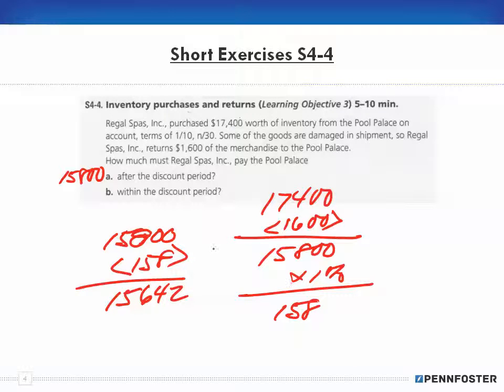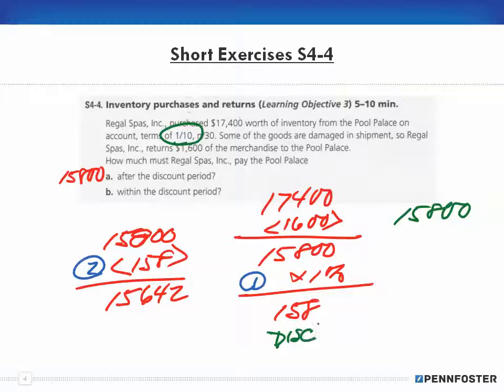Notice that I did two steps. In step number one, I took the 1%, and then in step number two, I subtracted the discount amount. Or what I could have done was take the 15,800, and since it's 1%, if I multiply by 1%, I'm finding the discount amount here.